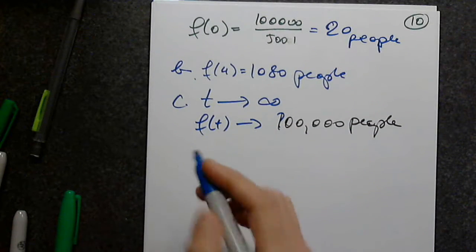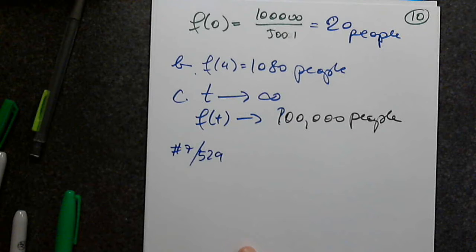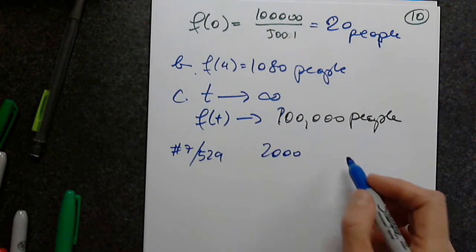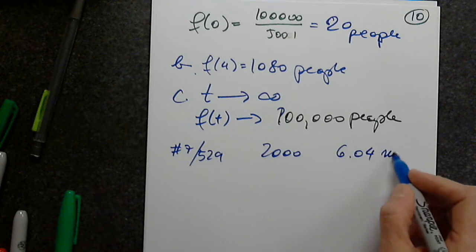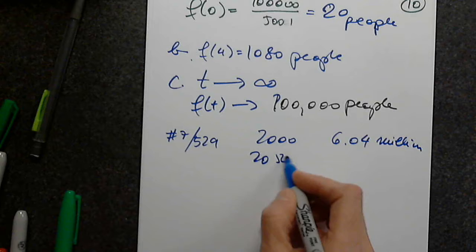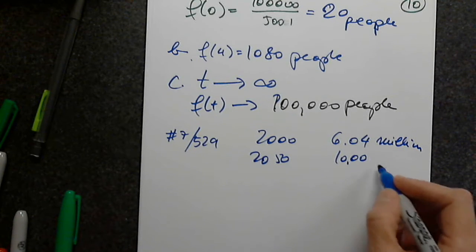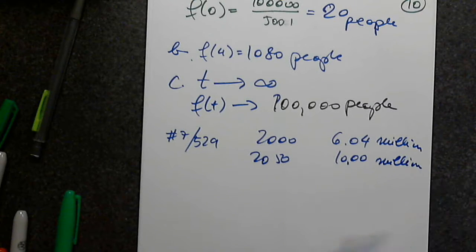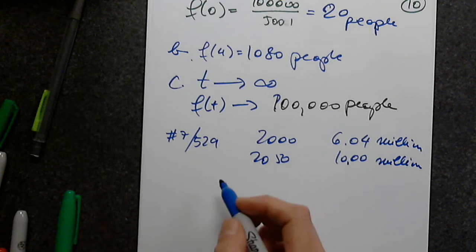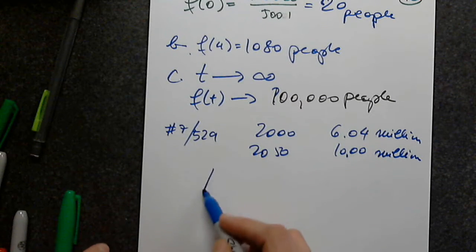Okay. So number 7 on page 529. In the year 2000, the population of Israel was approximately 6.04 million. In 2050, it is projected to grow to 10 million. Use the exponential growth model, and here's the exponential growth model that will be given to you in any problem.